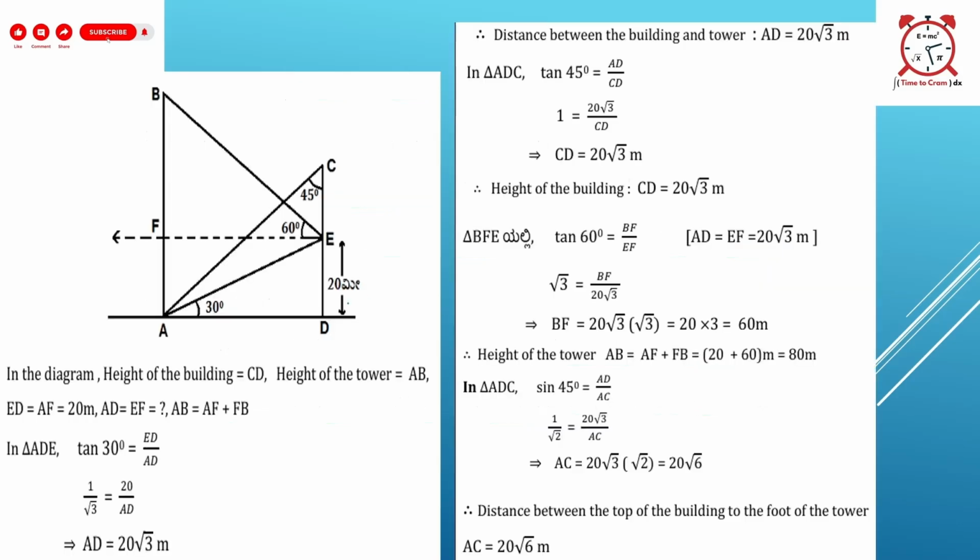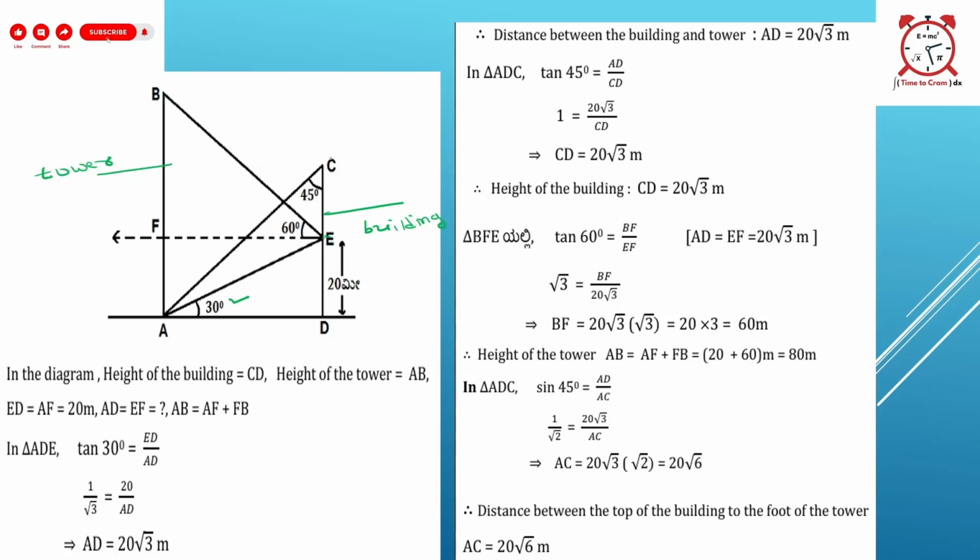So let us observe the figure here. In the diagram, CD is the building and AB is the tower. From the foot of the tower, looking at the window of the building, the angle of elevation is 30 degrees. In the same way, from the window to the top of the tower, the angle of elevation is 60 degrees.